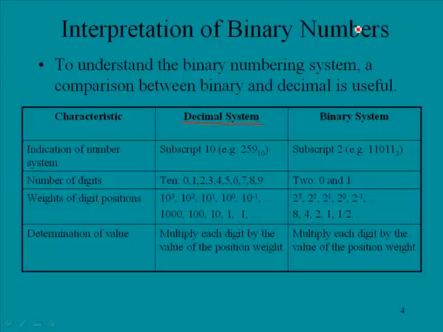If I had a number, say 101 with subscript 10, that would be representing the number one hundred and one, whereas if I had 101 with subscript 2, that would be a binary value.